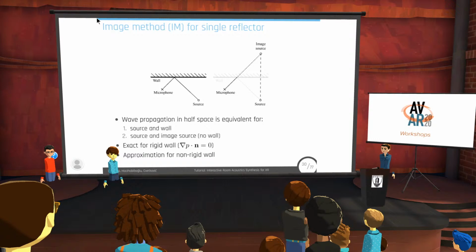You can think of this really as if you were replacing a wall with a mirror, and instead of seeing the wall itself, what you're seeing is a source and its mirror image. This is an exact equivalence for a specific type of boundary condition, which is a rigid wall, a lossless wall that is not typically encountered in the real world. When the wall is not rigid, then the resulting sound field is an approximation.